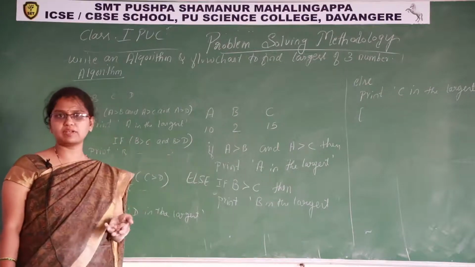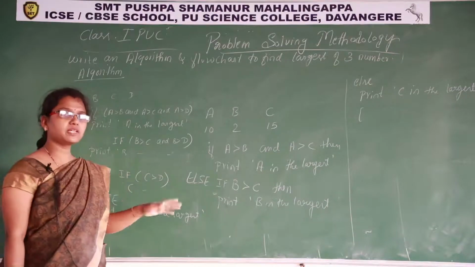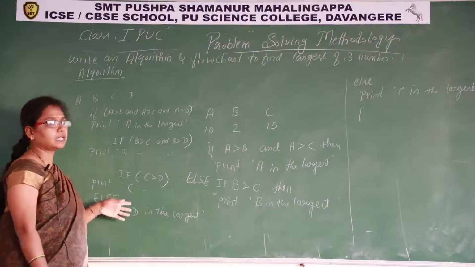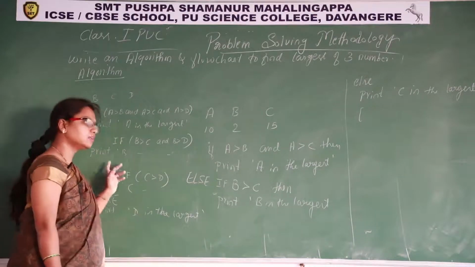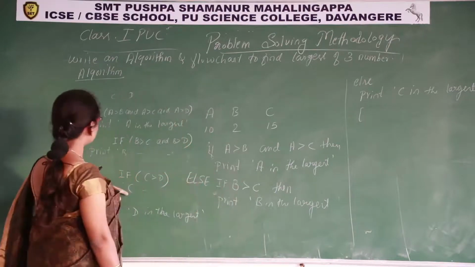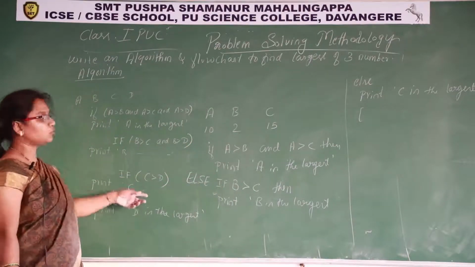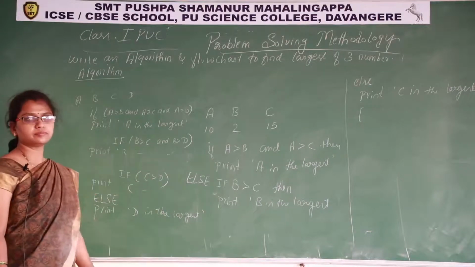We'll get a solution, we'll get correct output, but the approach is different. The previous approach, we had taken else if, so any one of these conditions satisfy, then it terminates the algorithm. But if you use this approach, though you got the output, still it checks the condition because there is if statement.